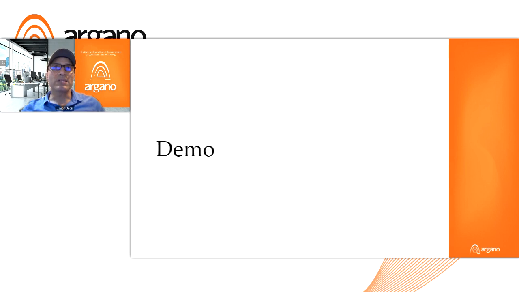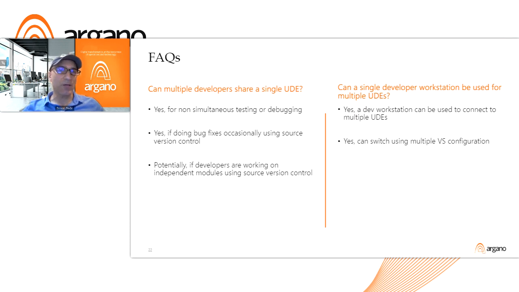One of the frequently asked questions in terms of various deployments is: can multiple developers share a single UDE? That's one typical question, and the answer is yes and no. One of the topologies of UDE was, instead of bring your own device, you could deploy that into a VM.